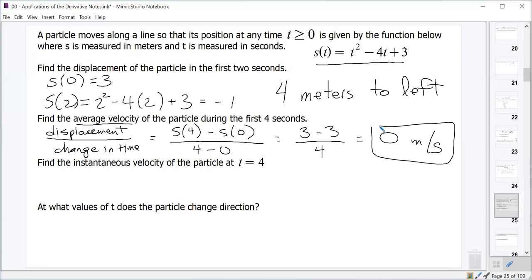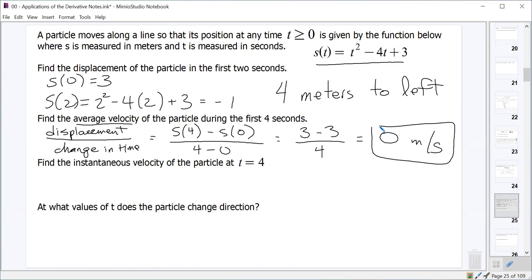But it's good to note that if s of 4 had been a larger value than s of 0, then our particle would have moved to the right, and we would have had a positive velocity. But if s of 4 was less than s of 0, overall our particle would have moved to the left, and we would have a negative velocity.